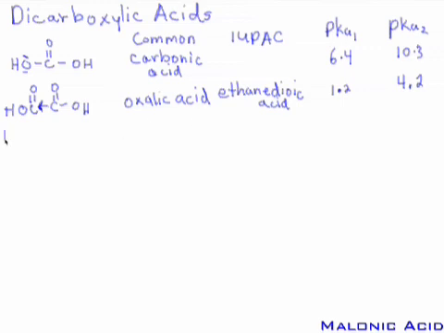If we put a CH2 between our C double bond O's, we end up with what is referred to as malonic acid, or propane dioic.